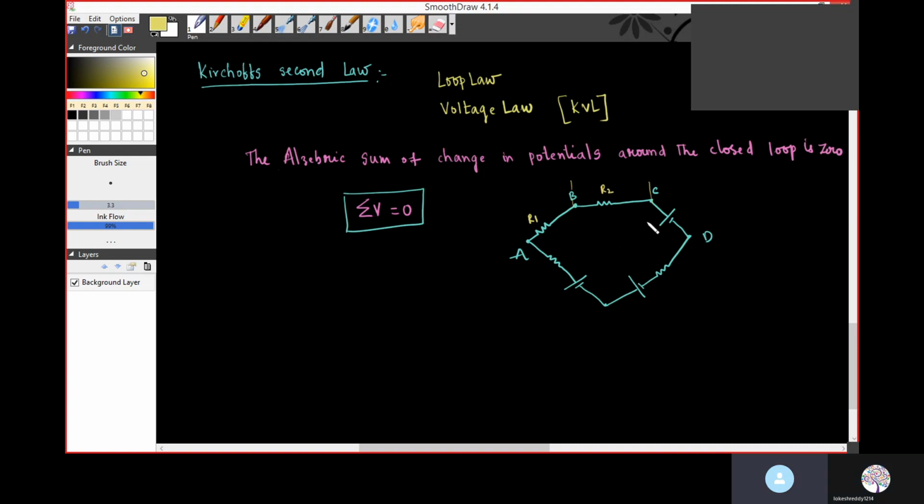This is E1, and this is positive, this is negative. This resistance is R3, and this is E2. This is the positive terminal, this is the negative terminal. You take this as E3, and this resistance is some R4.